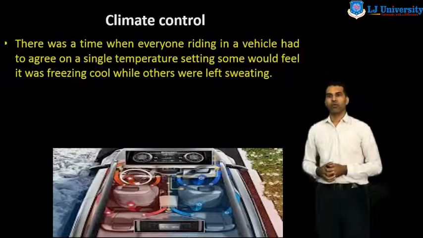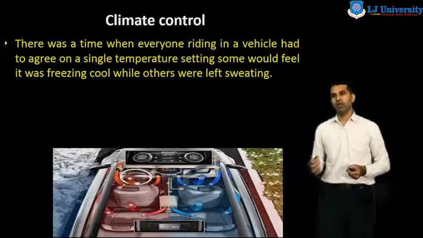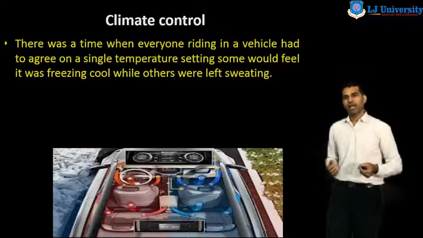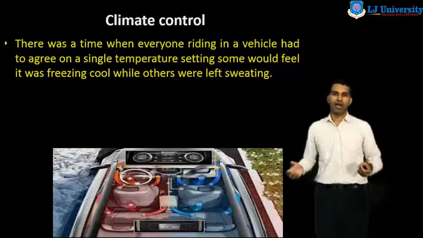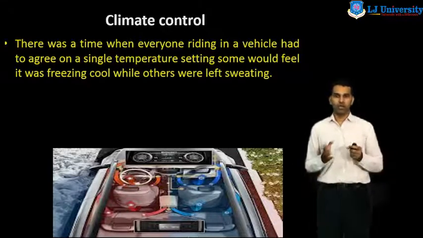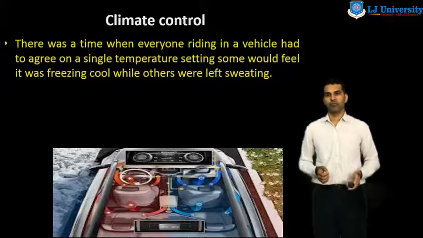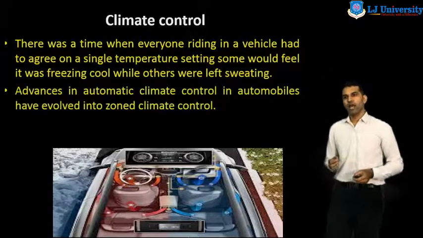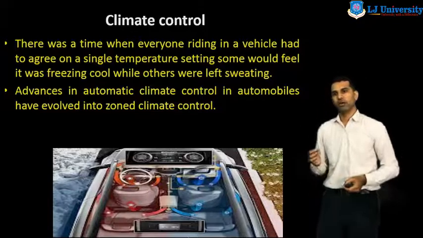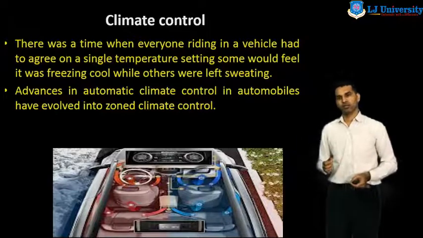There was a time when everyone riding in a vehicle had to agree on a single temperature setting. At that time, some people felt too hot and some people felt cool, so everyone had to agree on the single temperature. Now, due to advancement in technology, automatic climate control in automobiles has evolved into zone climate control.